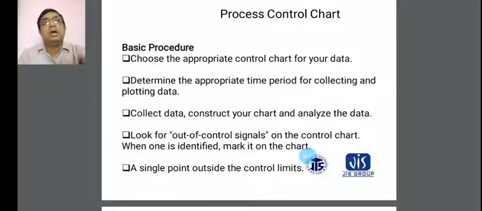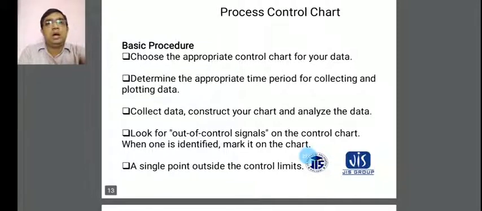Similarly, the product is dispatched to customers, and customers give feedback on which type of defects occur and the satisfaction level, 80%, 90%. All these things you have to control through the different data available in management, and this data is required for the control chart.